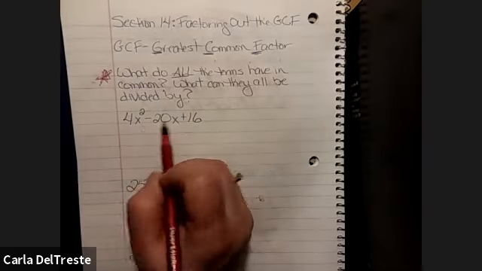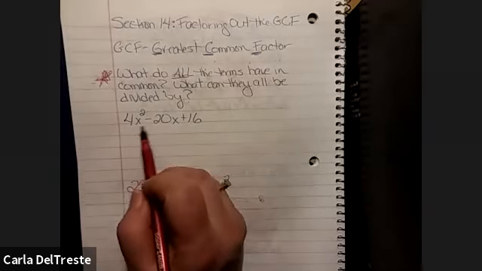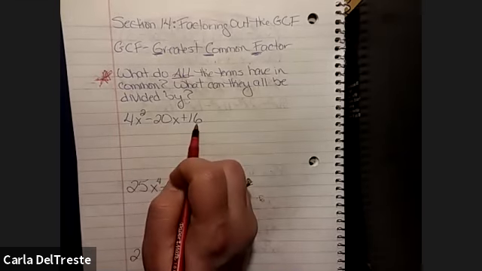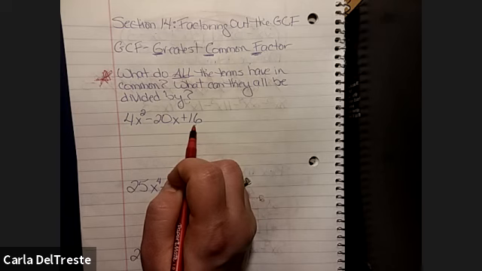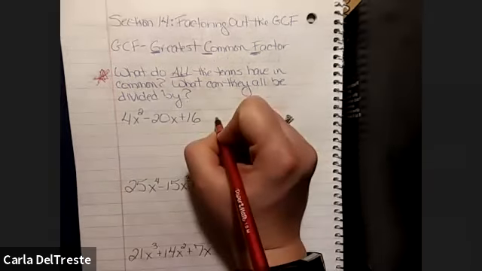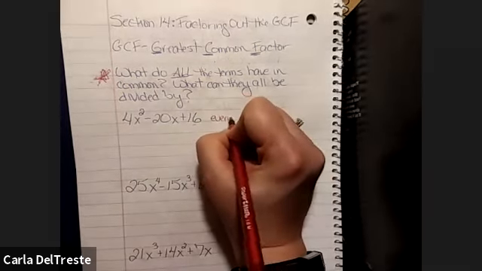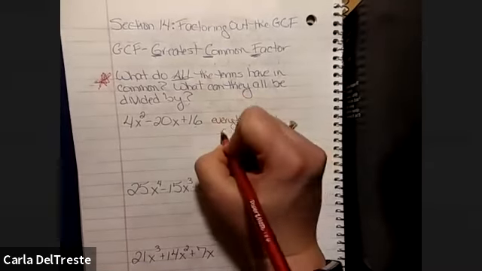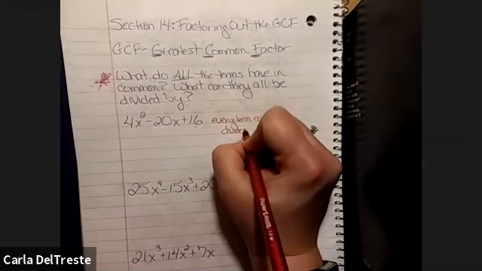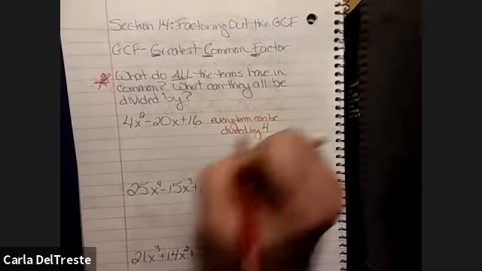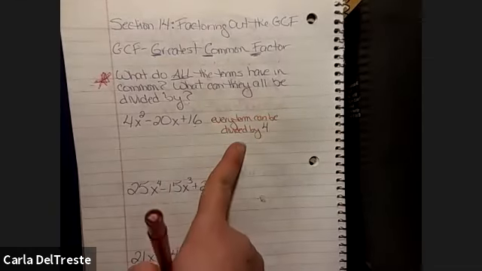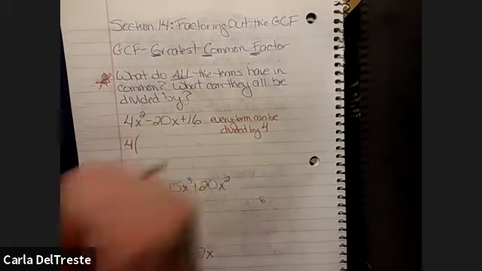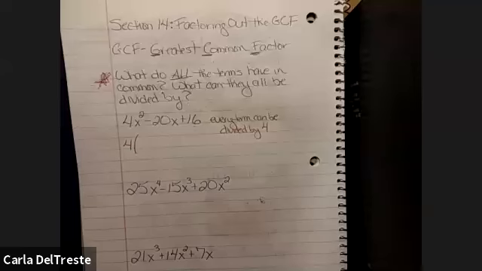So let's look at this first example: 4x squared minus 20x plus 16. All of these numbers can be divided by 4. So every term can be divided by 4. Whatever you identify as the GCF, you're going to write out front in front of parentheses.